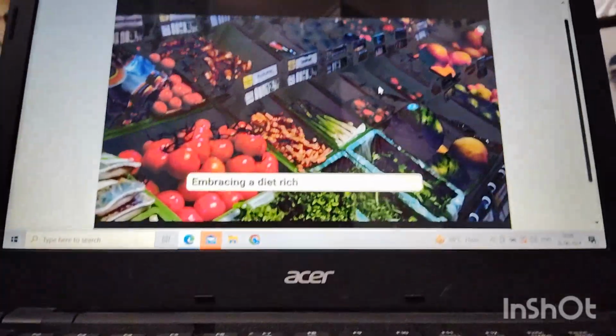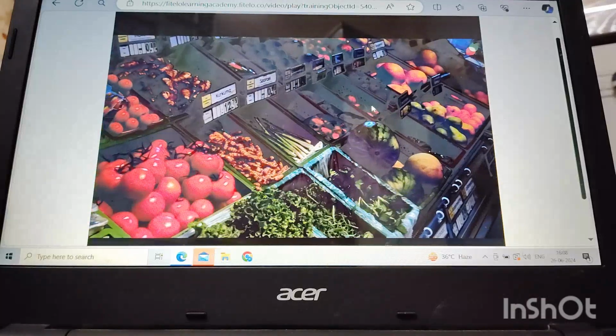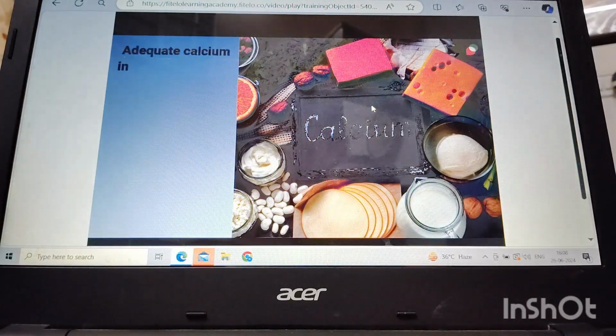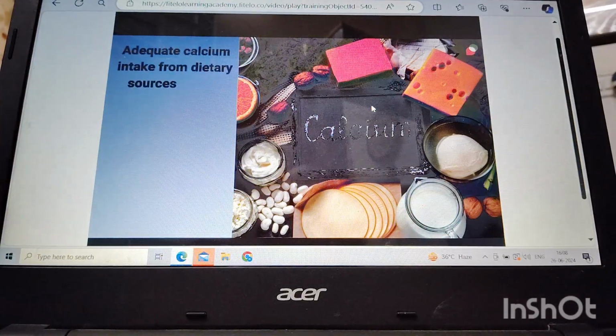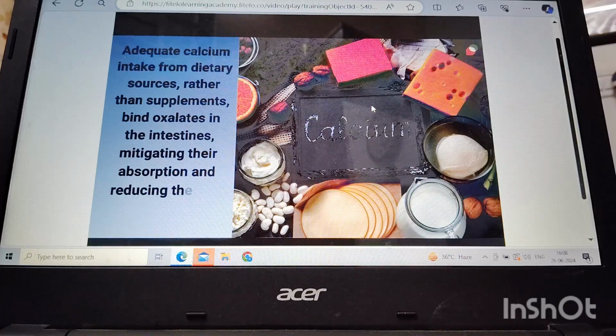Vegetables provide valuable vitamins and minerals without overwhelming the system with excessive oxalates or sodium. Adequate calcium intake from dietary sources rather than supplements can help bind oxalates in the intestines, mitigating their absorption and reducing the risk of stone development.